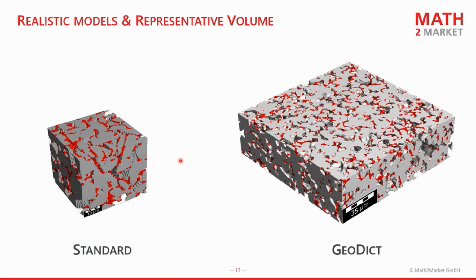But with GeoDict, we focus to get realistic microstructures with the structure generators, and also to have very high performance solvers for the physical simulations. So with modern hardware in a workstation that you can put below your desk, you can then simulate a large volume with a realistic microstructure that is representative for your electrode, and you get 3D resolved results. And today we will see how this works.